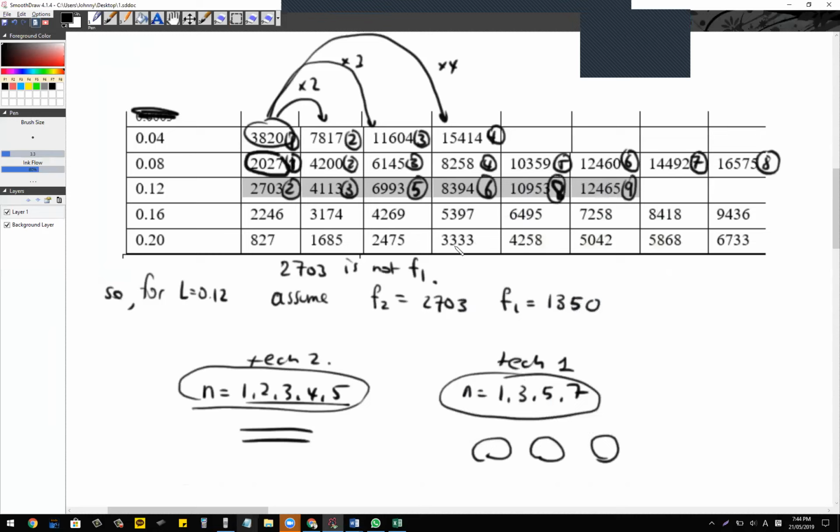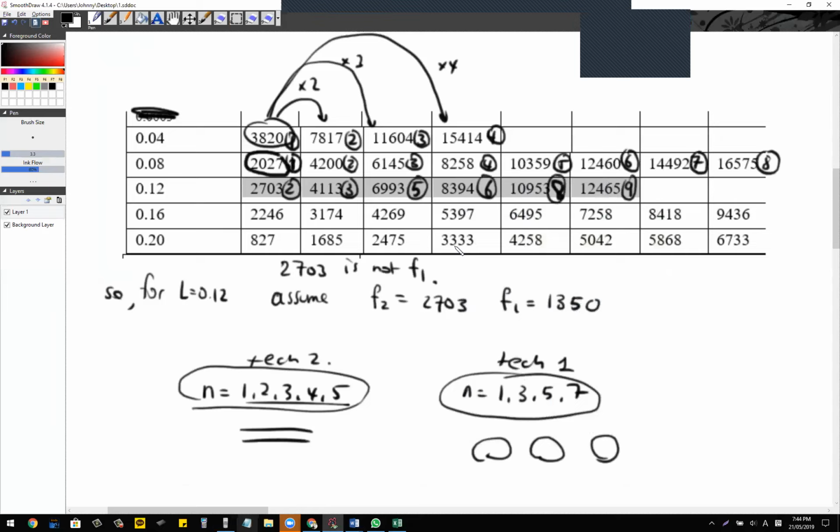Now, technique 2 is a lot better, I think, because you're getting a lot more data points, a lot more harmonics, all at the same time.